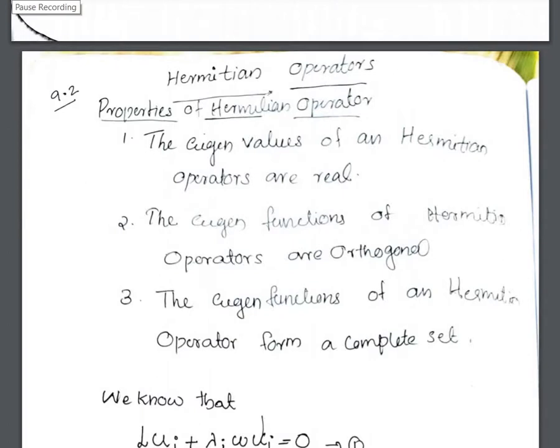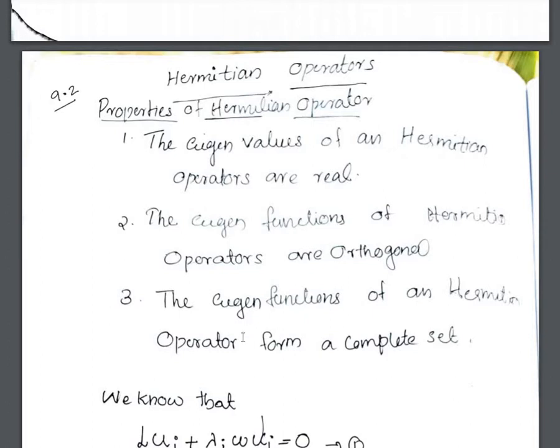You already studied the Hermitian operator in the matrix chapter. Here also some properties of Hermitian operator. What are the three important properties? The eigenvalues of a Hermitian operator are real, and eigenfunctions of a Hermitian operator are orthogonal.